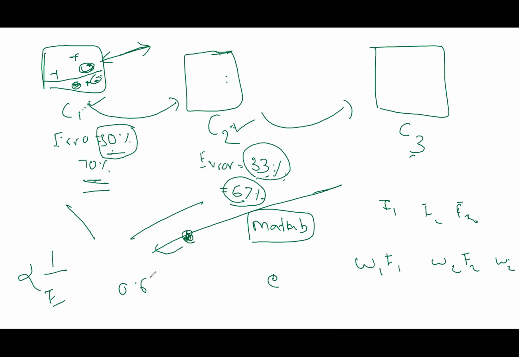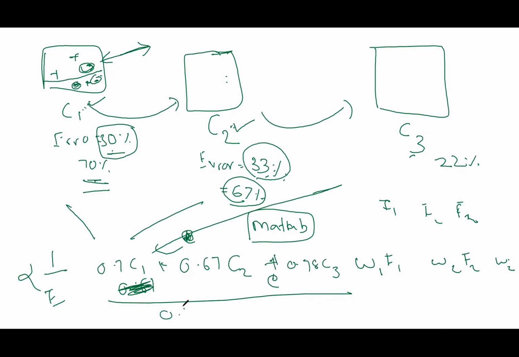Let's say you take 0.67 of the second classifier, because that's the accuracy, 0.7 of the first classifier, plus, let's say the third one has 22% error, so you take 0.78 of the third classifier, divided by 0.7 plus 0.67 plus 0.78. Obviously you normalize that, because when you add them, it has to come down to 1, right? So this is the weighted error, you classify them. So this is the output of your final AdaBoost classifier.